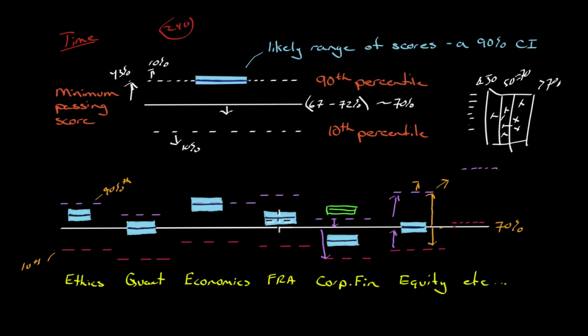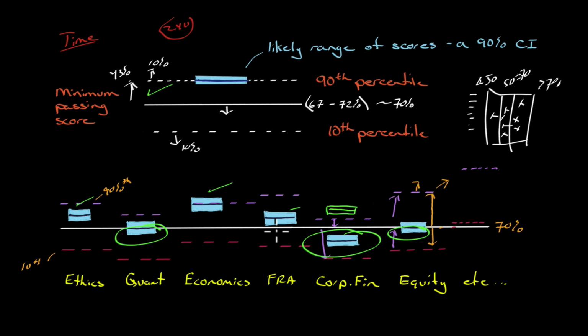So you have to look at your performance versus 70%. Number one, that's important, because to get in the top 43% up here, you really want to strive to get over 70% in all the subjects. And it also tells you, I need work here, probably need a little bit of work here, need a little bit of work here, but this one's okay, this one is still in the safe zone because the 90% confidence interval doesn't include the 70%.